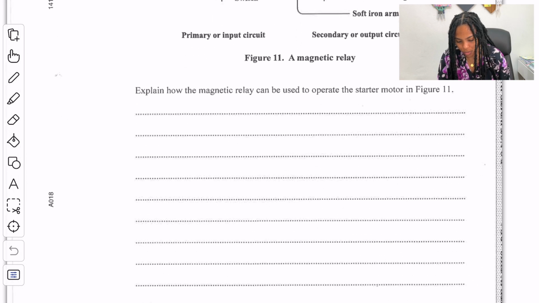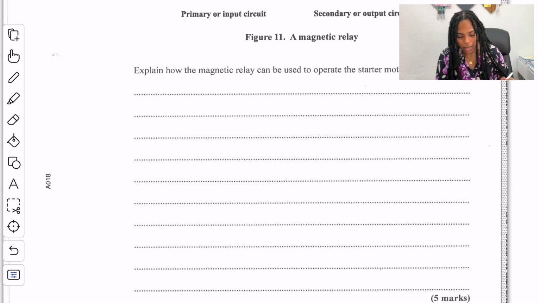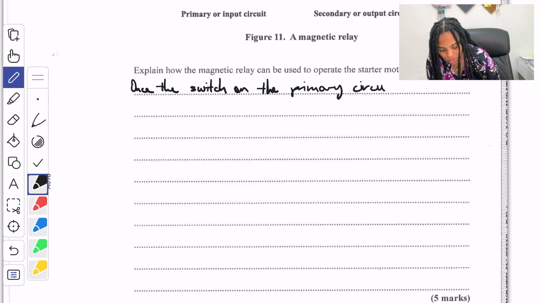Once the switch on the primary circuit closes, the current through the coil creates a magnetic field.